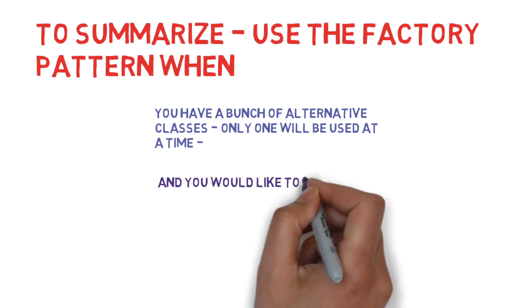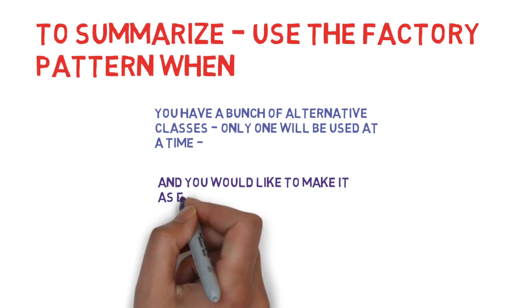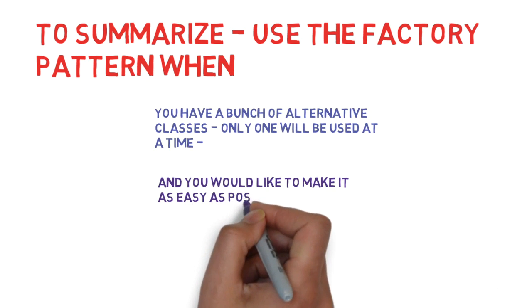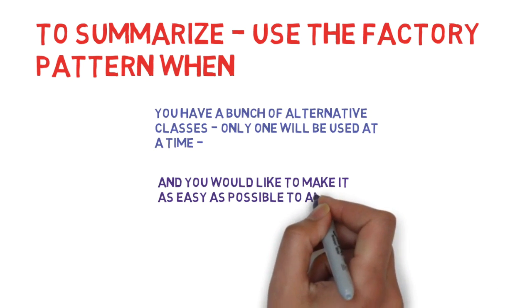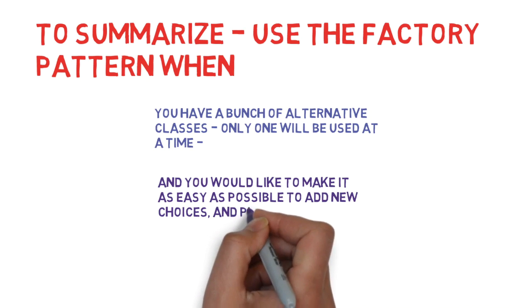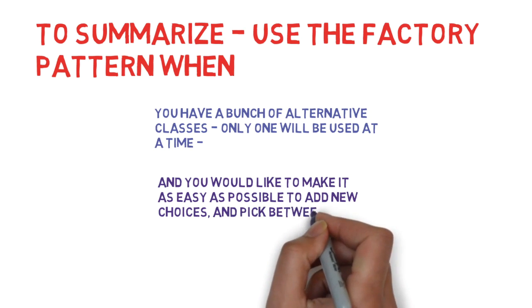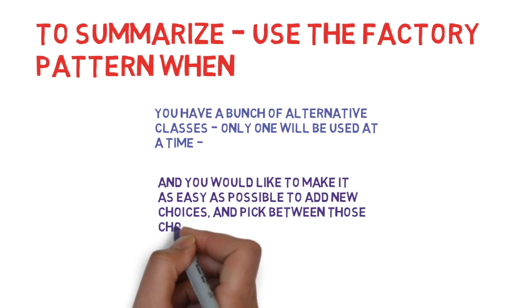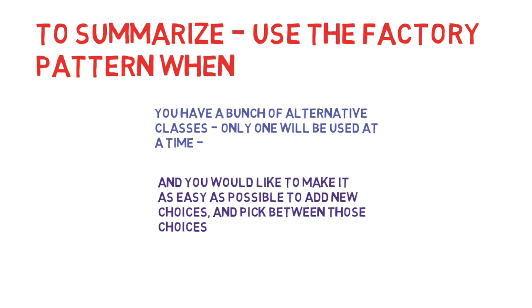Another case would be you want to make it as easy as possible to add new choices to the classes that you have, and you want to make it as easy as possible for the client code to pick between these classes. The factory pattern and the abstract factory pattern both are great in these circumstances.